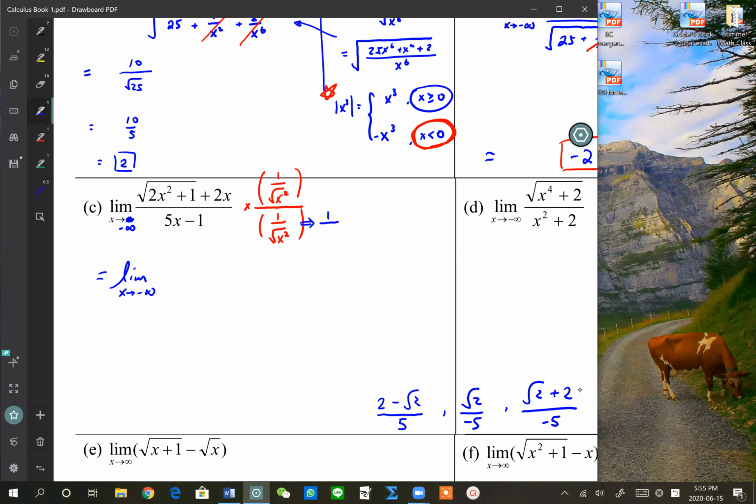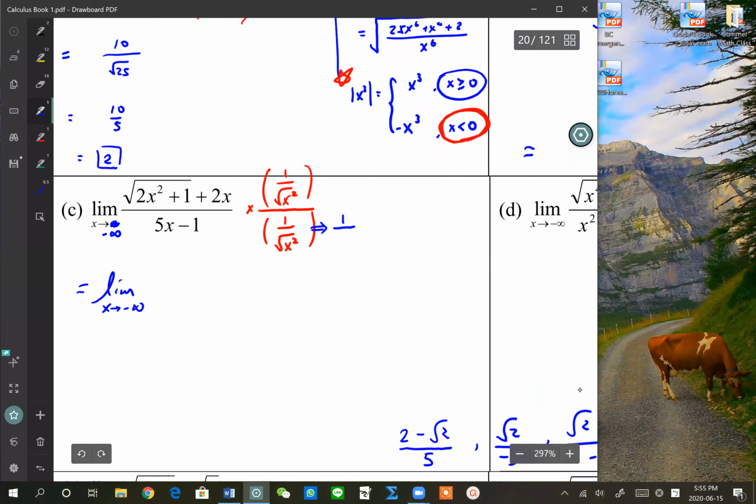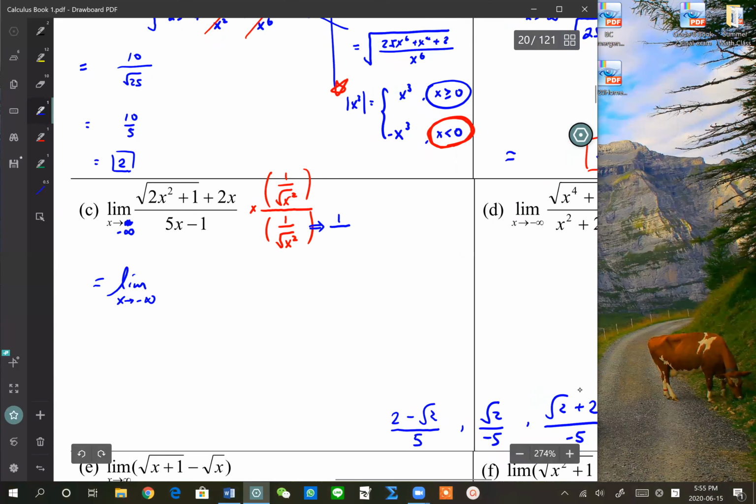Lex, what does this part equal? 1 over negative x. Yeah. So we'll start with the absolute value, because I'm showing step by step, and this absolute value will become negative x. Okay, it's a piecewise.